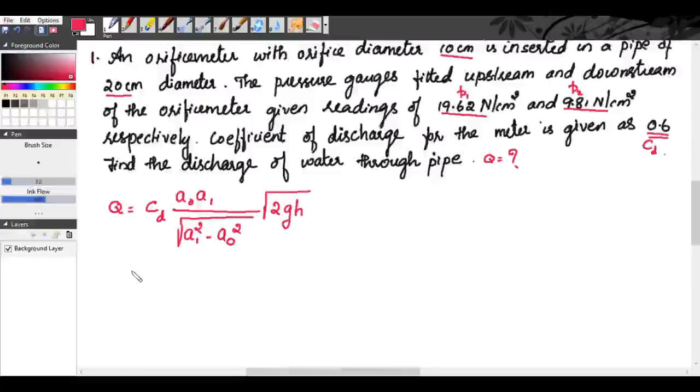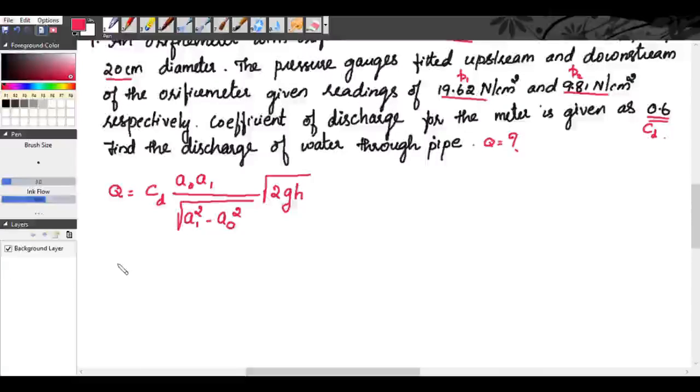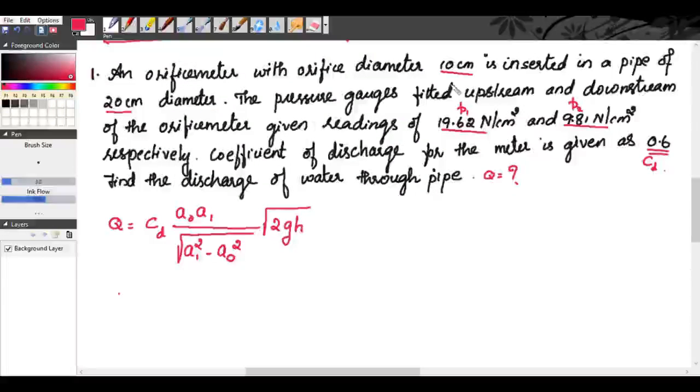Now we will find AO, the area of the orifice. It is given that the diameter of the orifice is 10 centimeter, so DO is 10 centimeter.